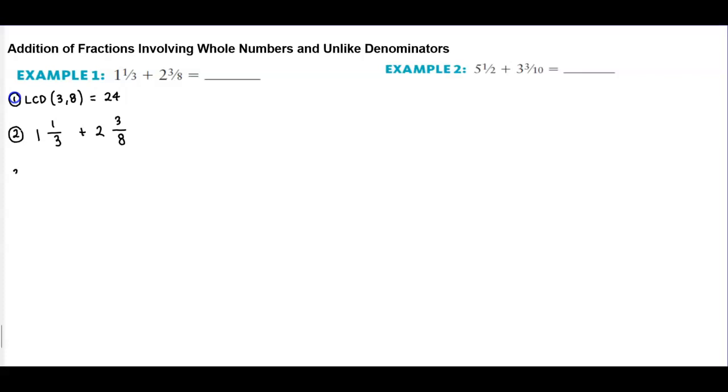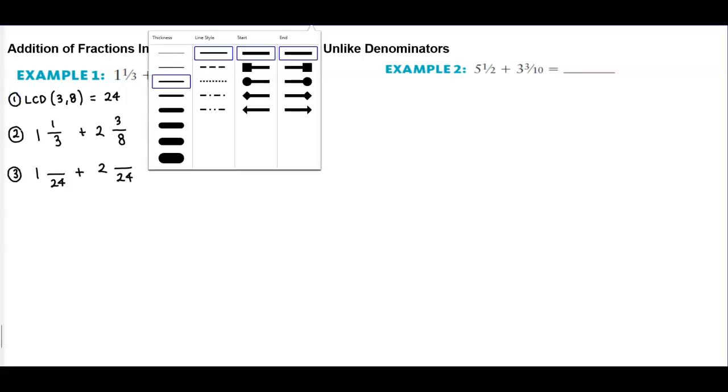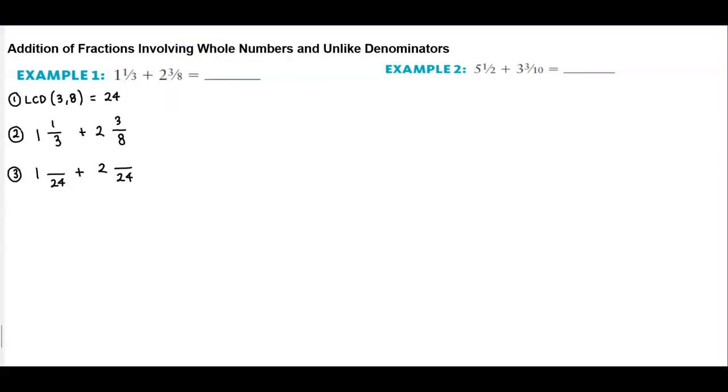So we have 1, and our new denominator is going to be 24, plus 2, and again the new denominator is going to be 24. And then we're going to ask ourselves, 24 divided by 3 is 8, so 3 times 8 is going to give us 24.